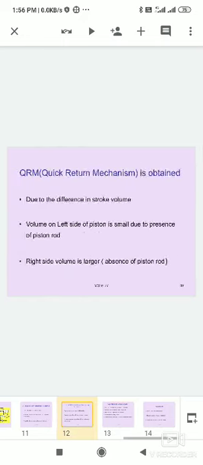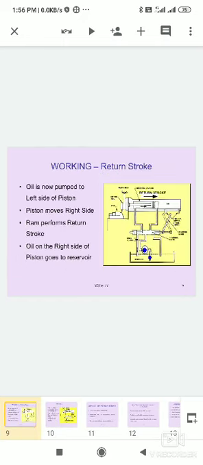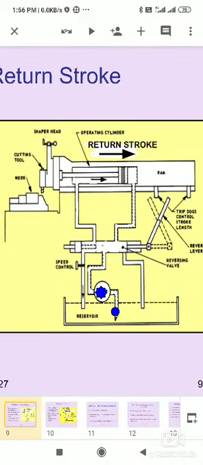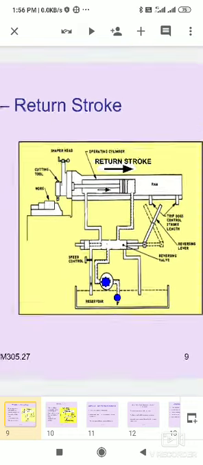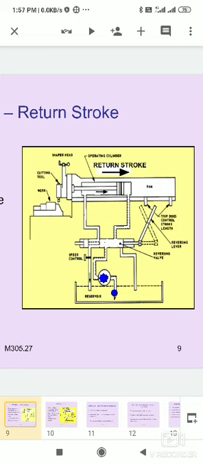Observe this figure: these are the speed controllers, and this is the mechanism with the quick return stroke. The name of this figure is the hydraulic quick return mechanism, which works on hydraulic oil.